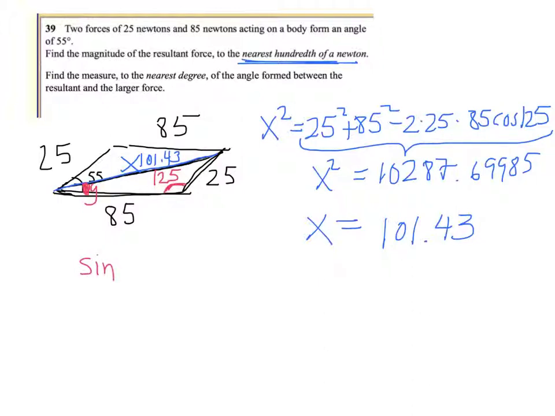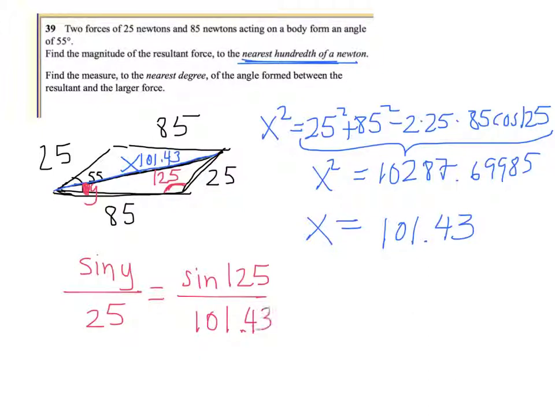Sine of y over 25 equals sine of 125 over 101.43.